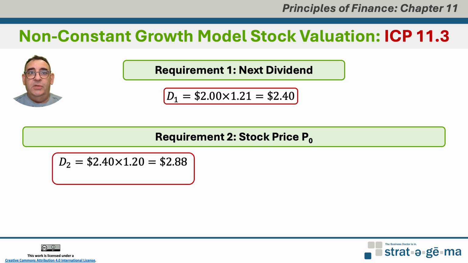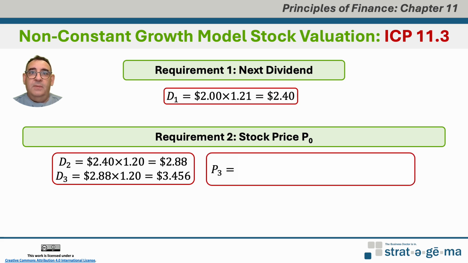So D2 is going to be D1 times 1 plus g, so $2.40 times 1.2, that's $2.88. D3 is going to be 2.88 times 1.2, so that's 3.456. P3 is going to be D4 divided by R minus g, or D3 times 1.04 divided by R minus g. So 3.456 times 1.04 divided by 15% minus 4%.